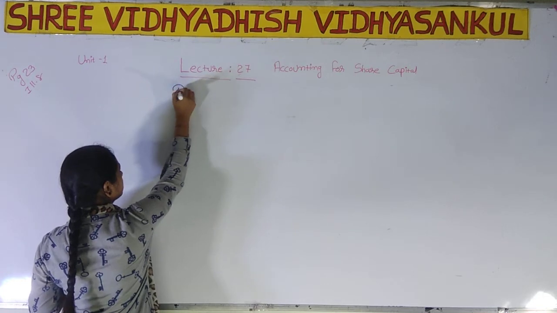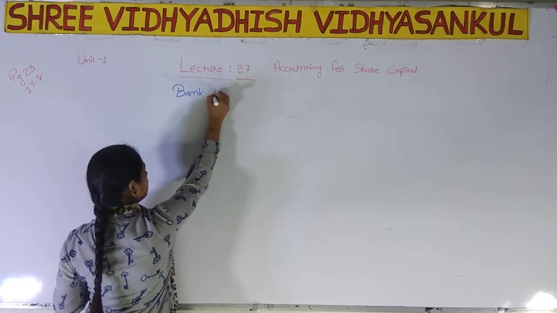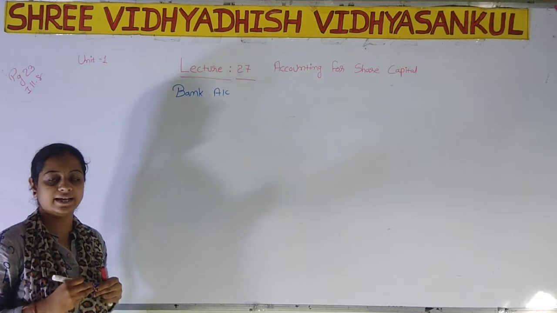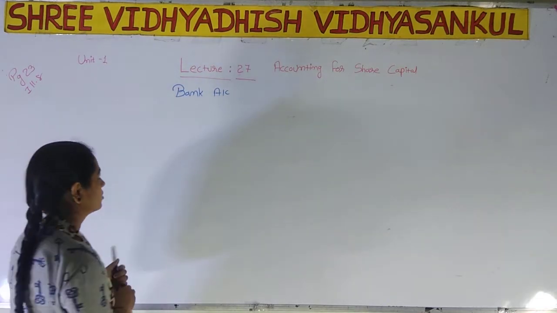Now we have to prepare bank account. Draw format of bank account for 10 to 12 lines.